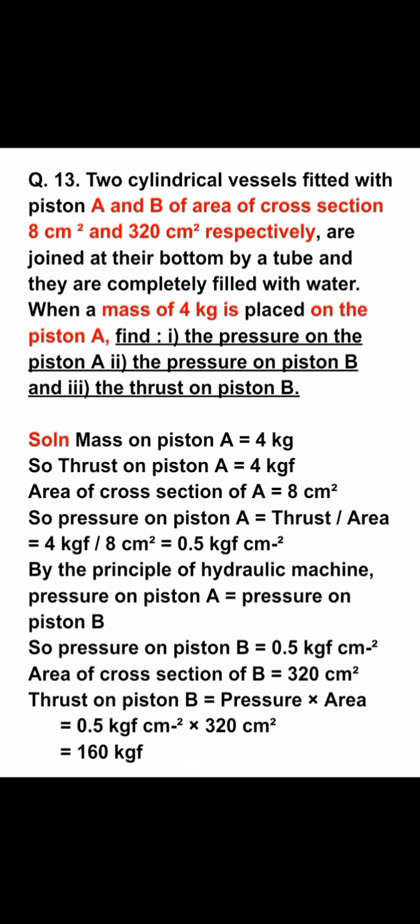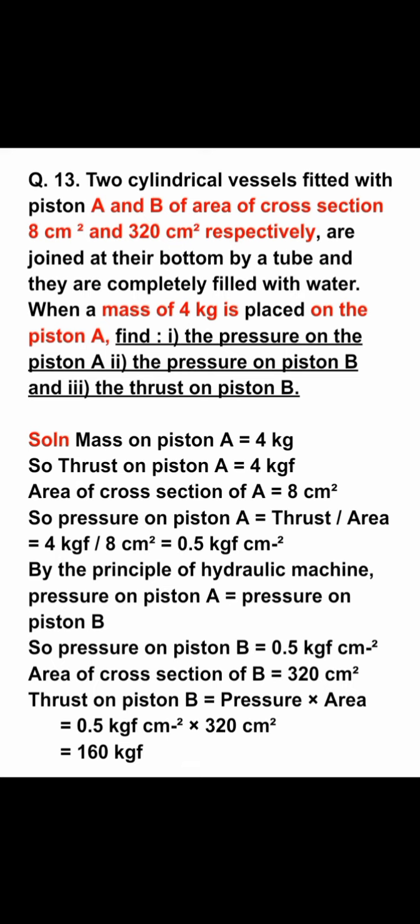When a mass of 4 kg is placed on piston A, you have to find the pressure on piston A, the pressure on piston B, and the thrust on piston B.